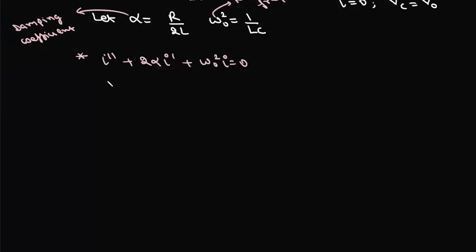So all we need to do is write its characteristic equation, and there will be lambda square plus 2 alpha lambda plus omega naught square equals 0.